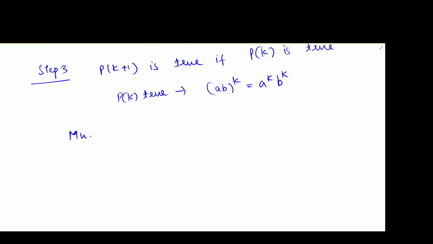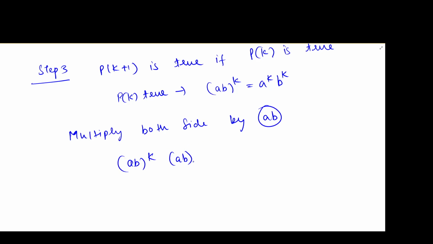Multiply both sides by ab to make it k plus 1 on the left-hand side. So (ab) to the power k times ab is equal to a to the power k times b to the power k times ab.